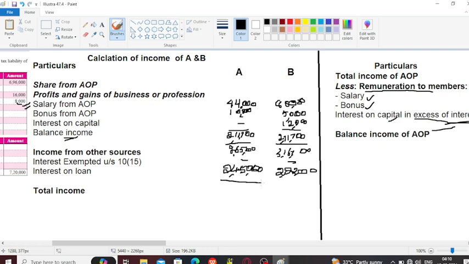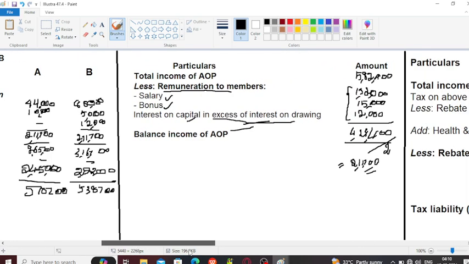If you add all these incomes, we will get 5 lakh 10,700 for Mr. A and 5 lakh 38,700 for Mrs. B. We need to calculate tax for these incomes.